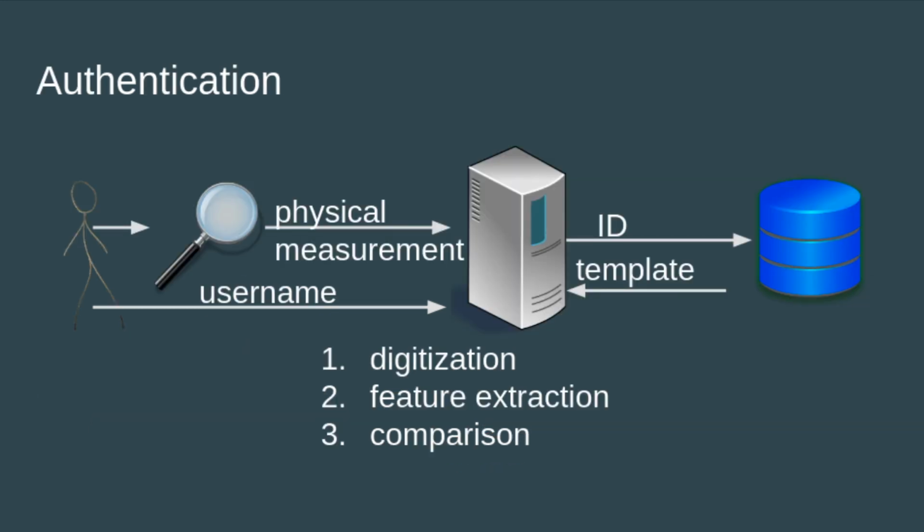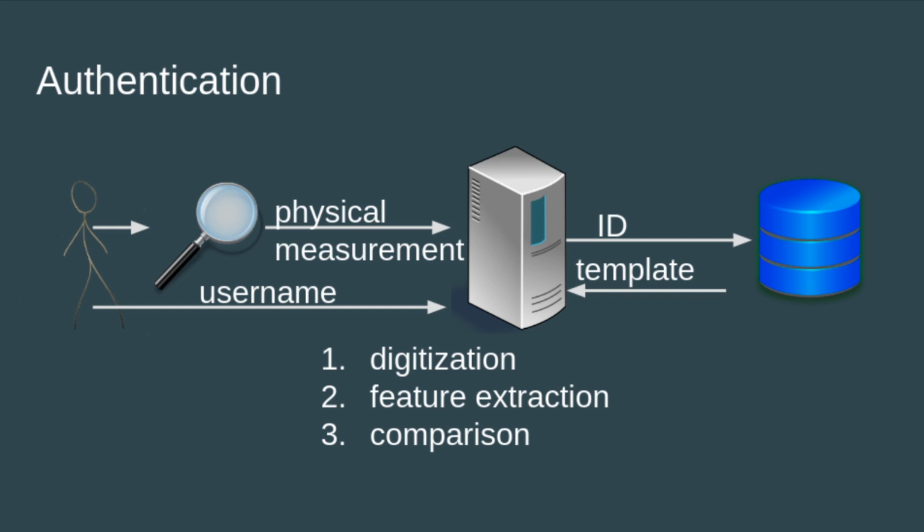Assuming you have successfully registered, down the line you want to use your biometric to authenticate, to gain access to your account. The authentication phase looks like this. The user presents whatever it is, their fingerprint, their face, to be measured again. The user has to interact with the sensor. A physical measurement is taken.